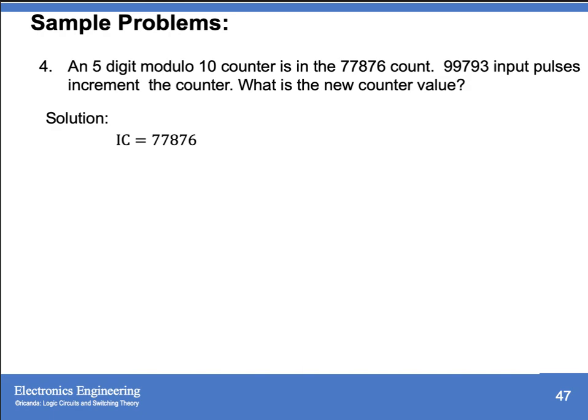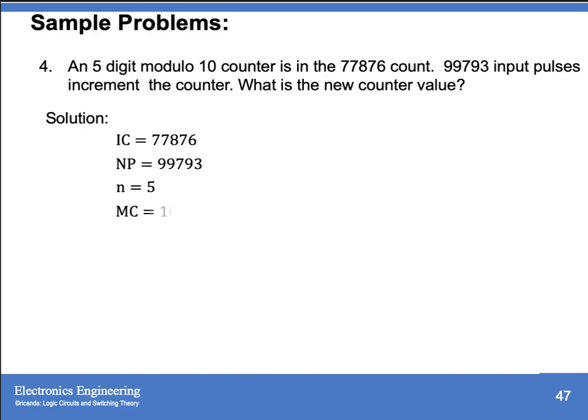Number of pulses is 99,793. The number of bits, or N, that is equivalent to 5, because it is a modulo 10 counter, so 1 modulo equivalent to 1 digit. So it is 5-digit modulo, so we have N equals to 5.